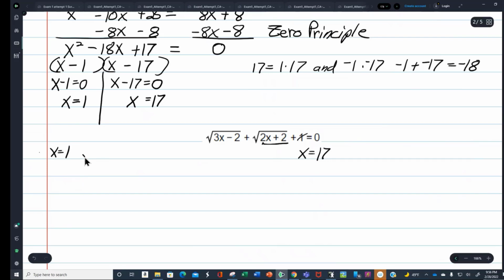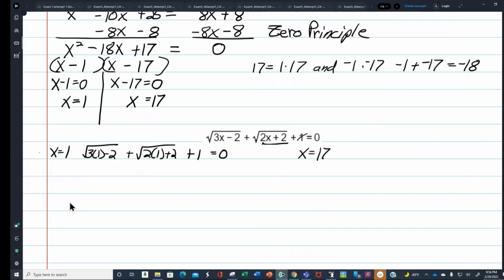All right, so the square root of 3 times 1 minus 2 plus the square root of 2 times 1 plus 2 plus 1 is 0. Is that true?